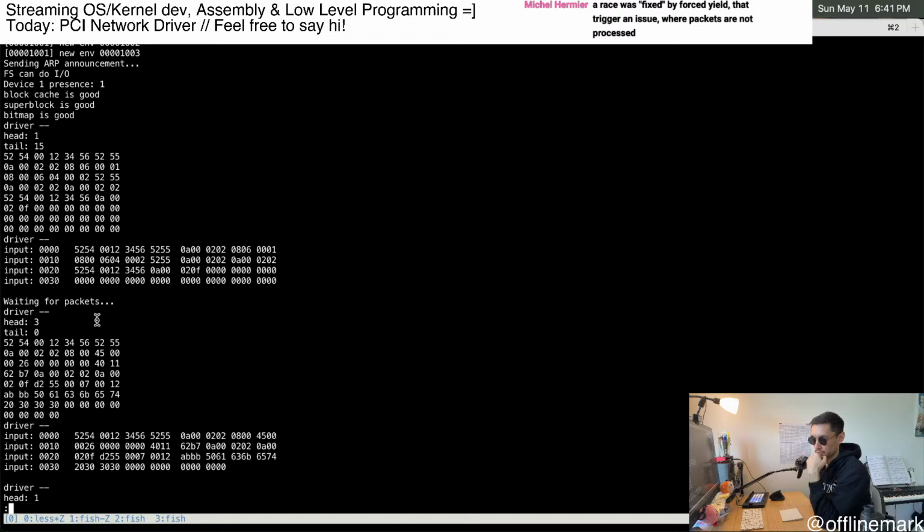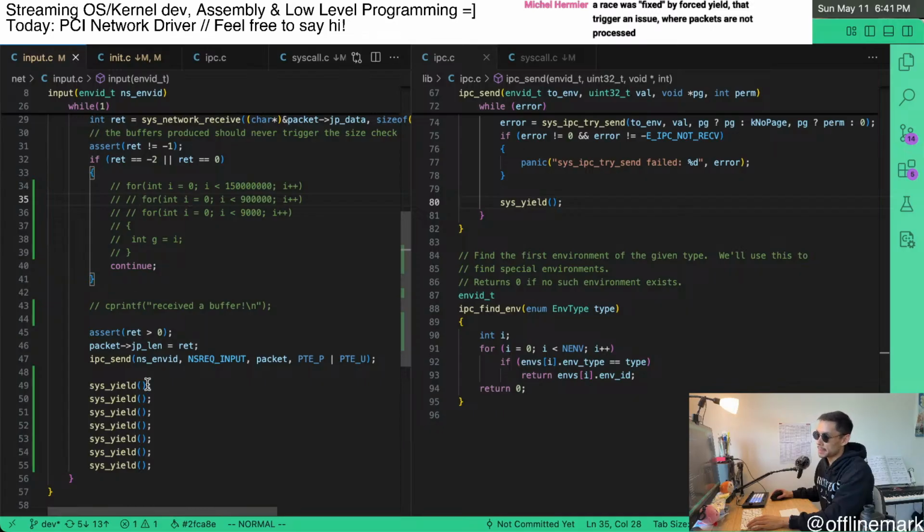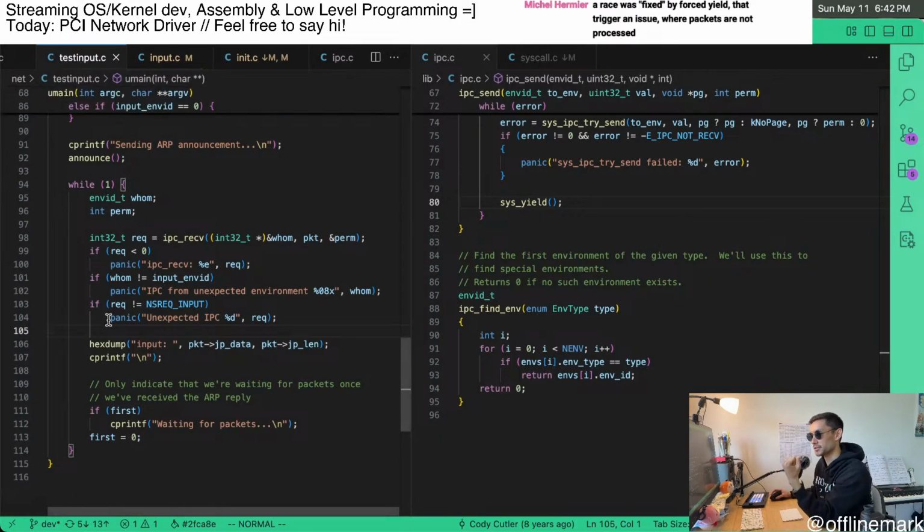Maybe I'll also try to explain it in addition to Michal. The main reason that the yielding fixed things is that this code is running in one process, and this code, which does the hex dump, is running in a different process, and it's critical that this hex dump sees and dumps every single packet.